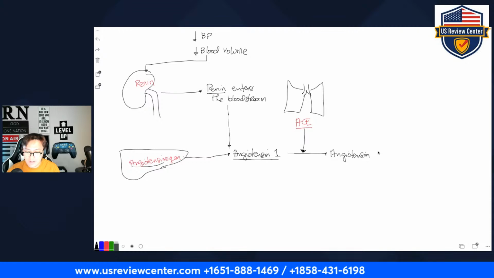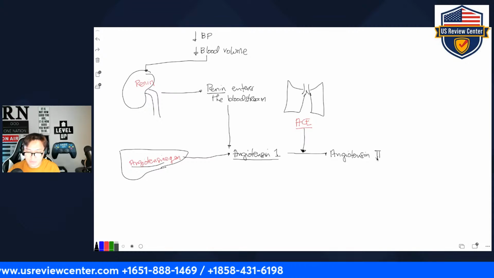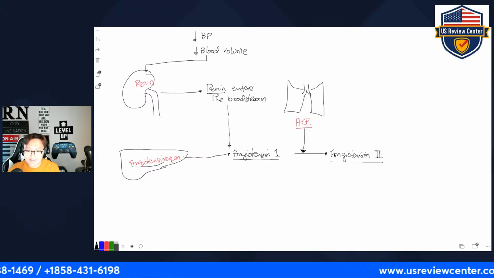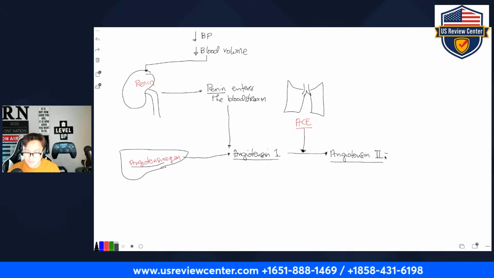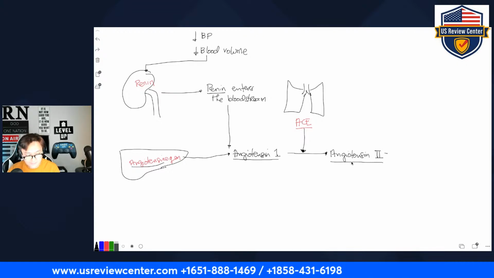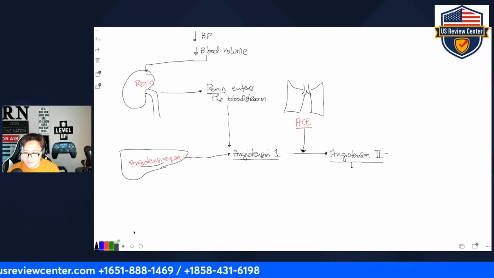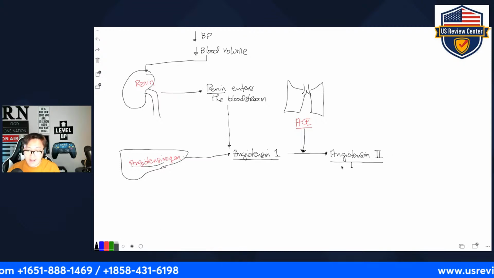Now, here is the scenario you need to remember in your qualifying examination. And what is that? Effects of angiotensin 2. Let's put it on this side so that I have enough space in this area. Your angiotensin 2 has the following effects.